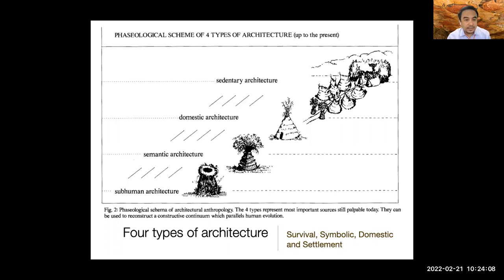The semantic architecture is the architecture that has meaning, right? Subhuman architecture is built by instinct. On another level, we see domestic architecture and semantic architecture, the two ideas that we're going to study in module 2. Domestic is physical, semantic is psychological, the mind.